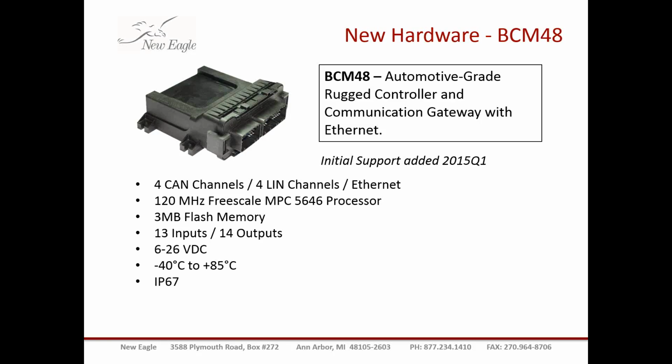This is a unique module for us because it is the first one that has Ethernet, which is a new communication network for both industrial control and automotive. So we rolled that out earlier in the year. It's got a good amount of flash memory, so you can have a pretty extensive program. It does have I/O, so it can be used both as a communication gateway and as a controller.